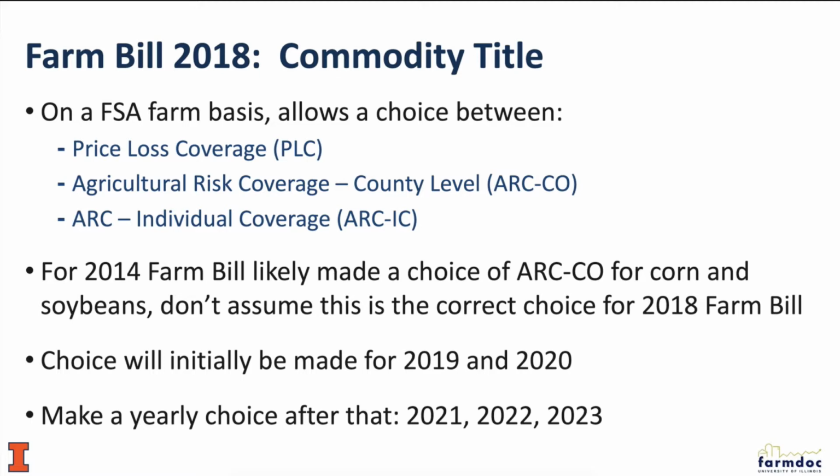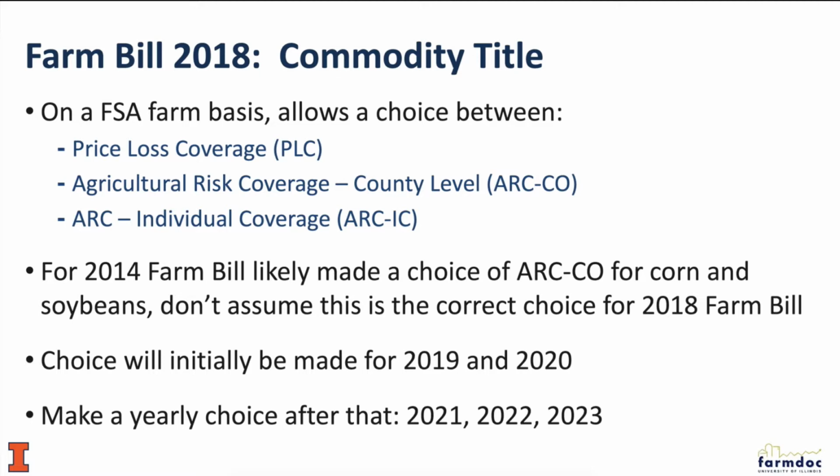So the 2018 Farm Bill has a different sign-up arrangement in that the choice you make for the 2019 crop only locks you for 2 years. So the first choice, when you get around to signing up this year, you will be making a decision between ARC and PLC by FSA farm, ARC County and PLC by commodity, covered commodity, base acres on that FSA farm. And that choice is locked for the 2019 crop and the 2020 crop.